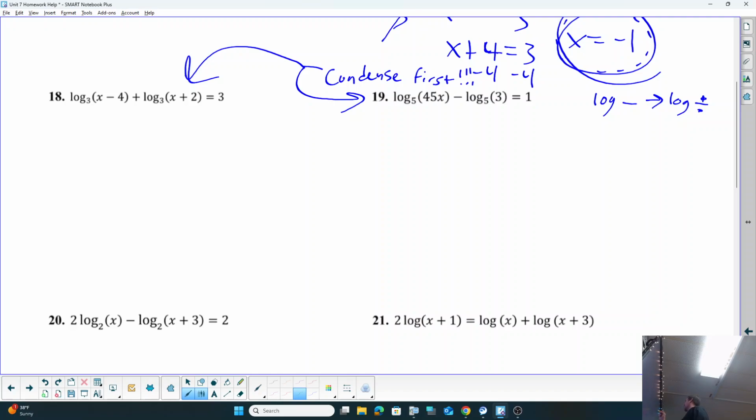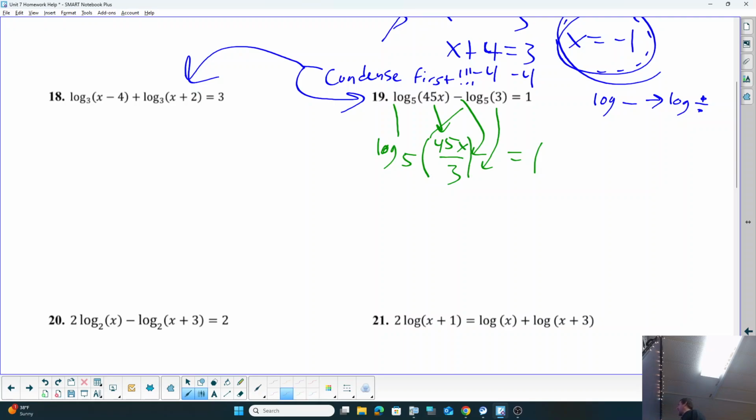Okay, so then this condenses down to 1 log base 5, and then we have 45x first, so 45x. And then subtraction becomes division over, and then we bring down the 3 equals 1. So now how do we undo log base 5?